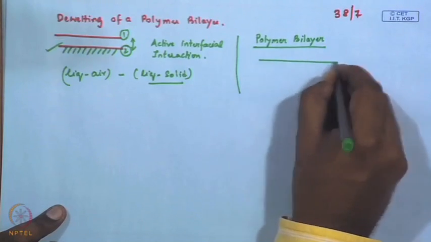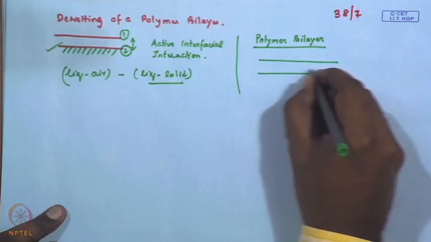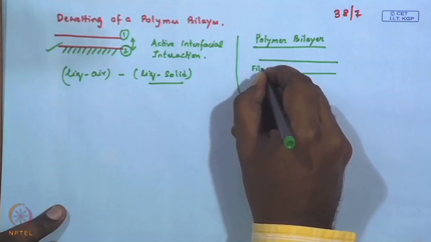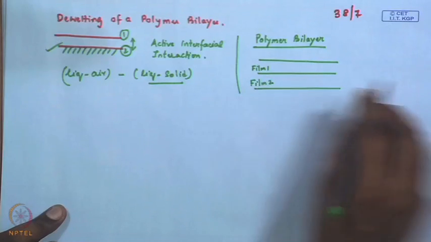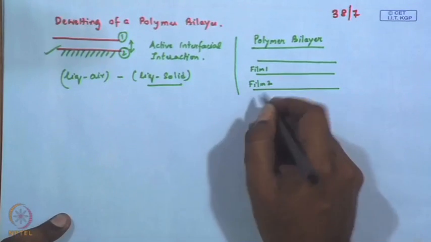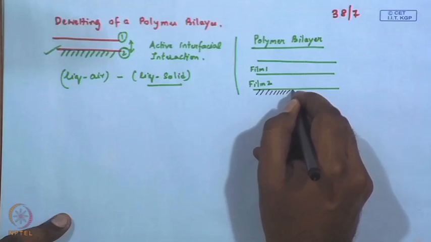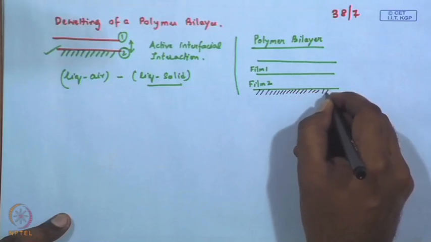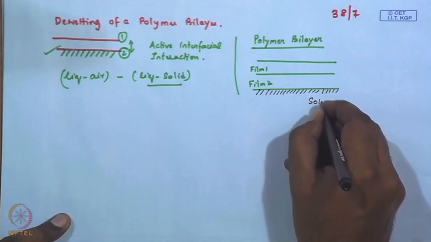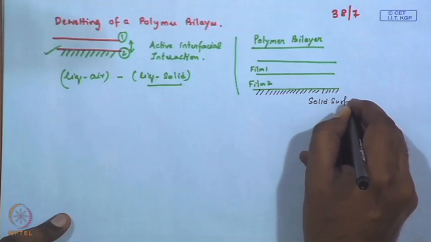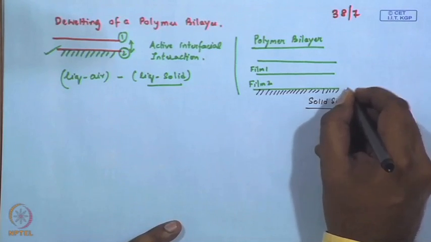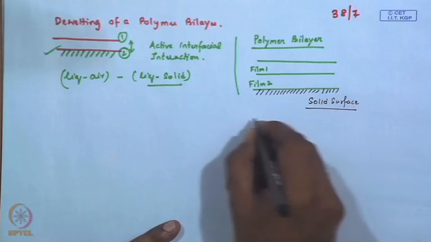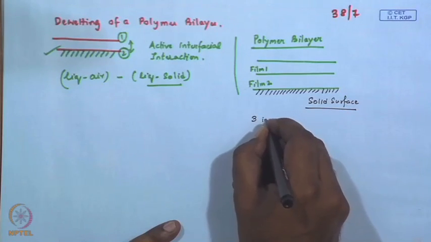okay, so you have essentially film 1 and let us say film 2, which is now coated on the solid surface. Okay. So, what is this case like? It is like you now have, instead of 2, you now have 3 interfaces.